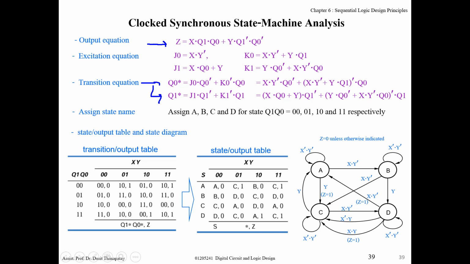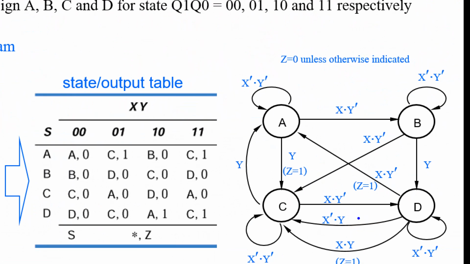Again, from this you can write down the transition output table, and after you name each state, fill in the binary with an alphabet or name. So you get the output table. In this case, you can write a state diagram by using function expressions to show the condition when the state changes.